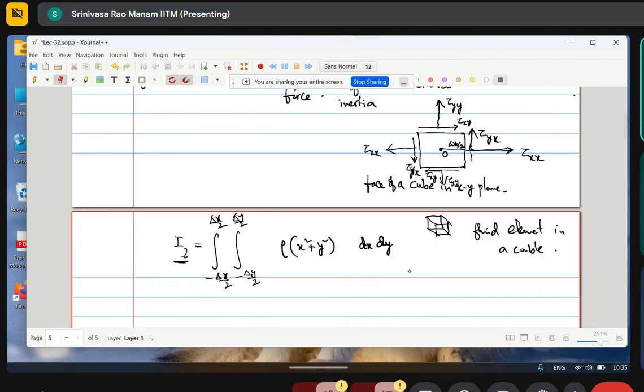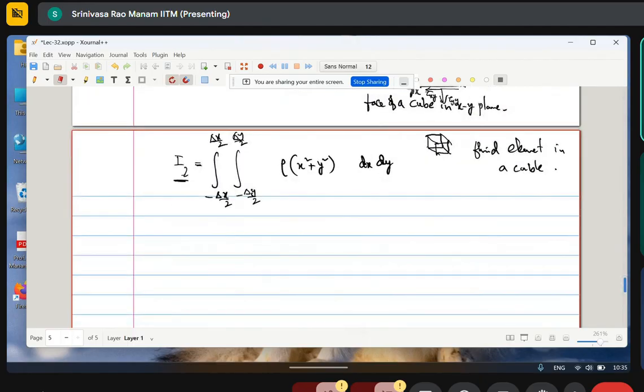Let's do this. So when you do this calculation, what do you get? Can you do this calculation?